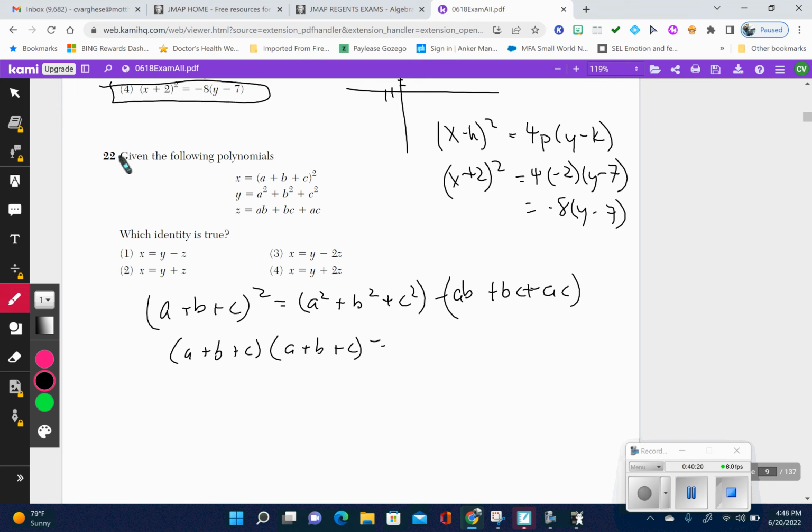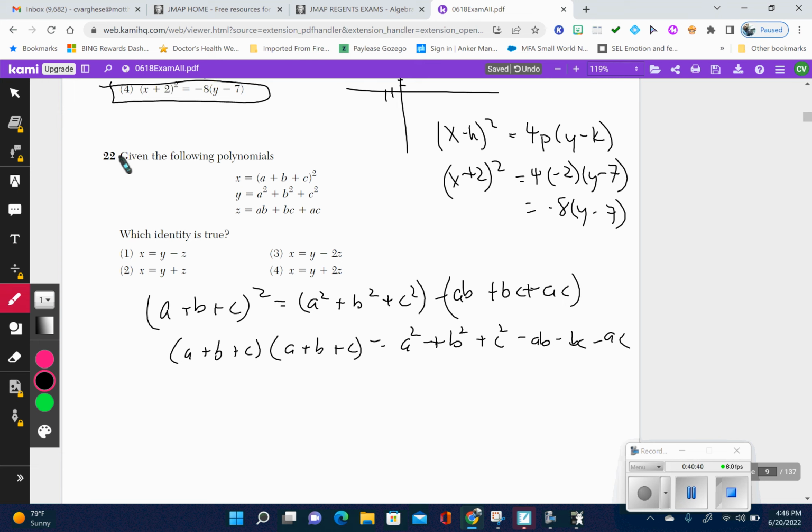And I have to see if that's going to give me a squared plus b squared plus c squared minus ab minus bc minus ac. And it is not going to give me that.